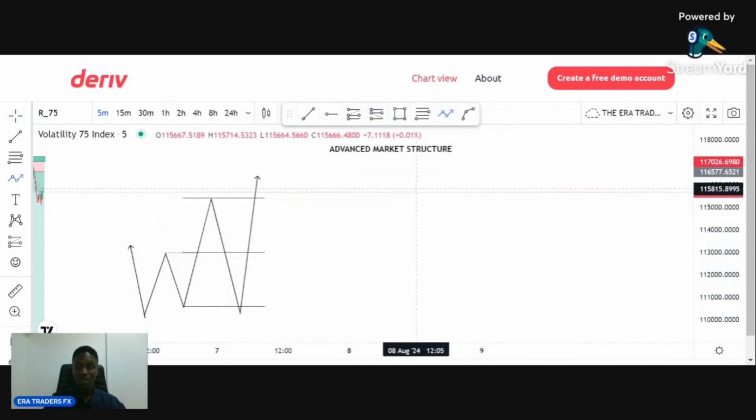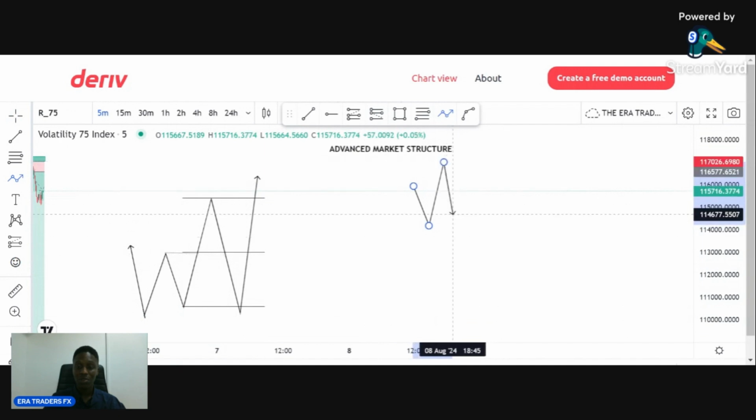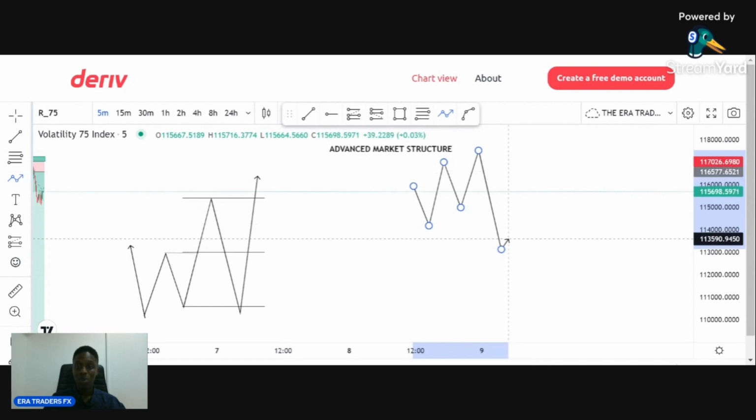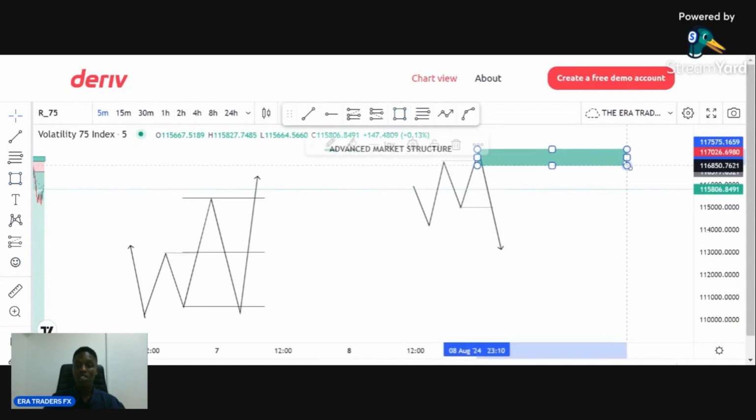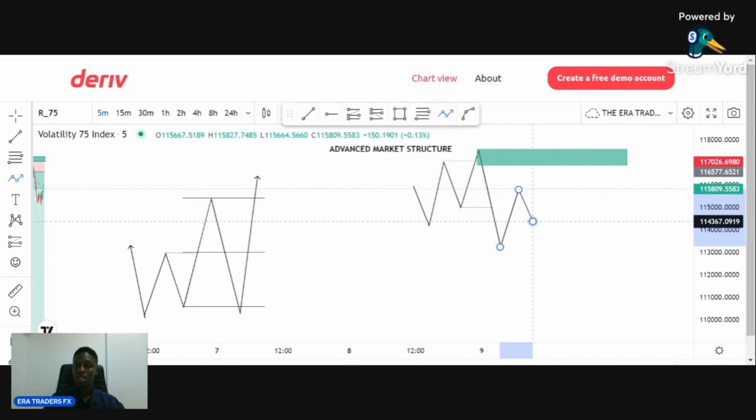For the high, the market must first take out liquidity, then break structure, before we can say this is a strong high. So you don't just look at the market anyhow randomly. So you will now be trusting that this high should not be taken out, right? You'll not be expecting the market to come back to this zone and sell. I'll show you an example.